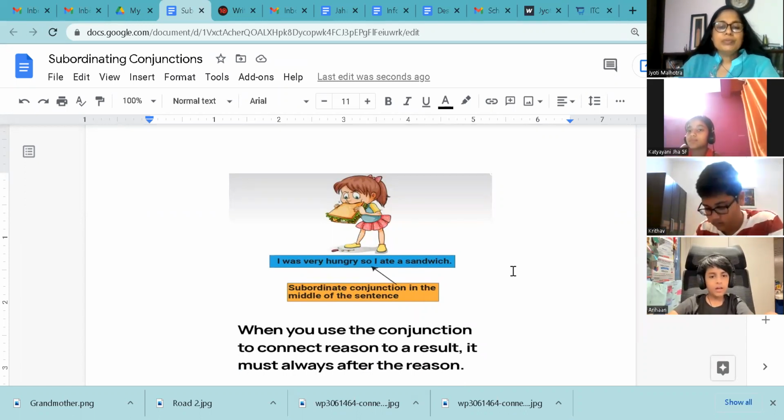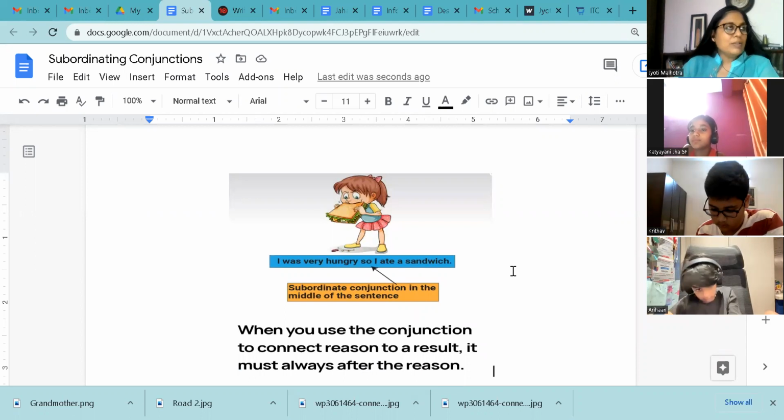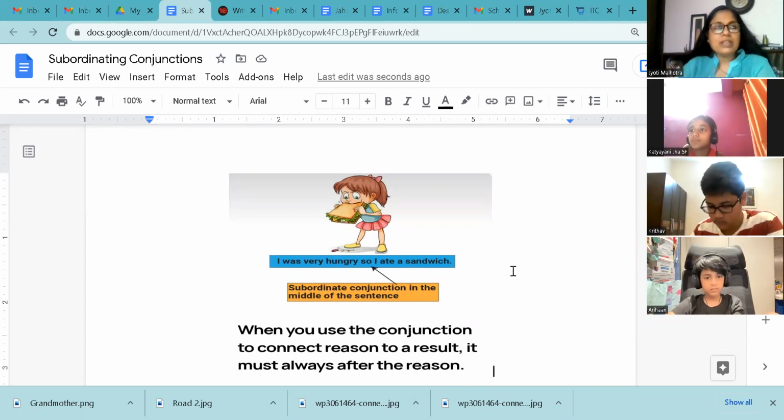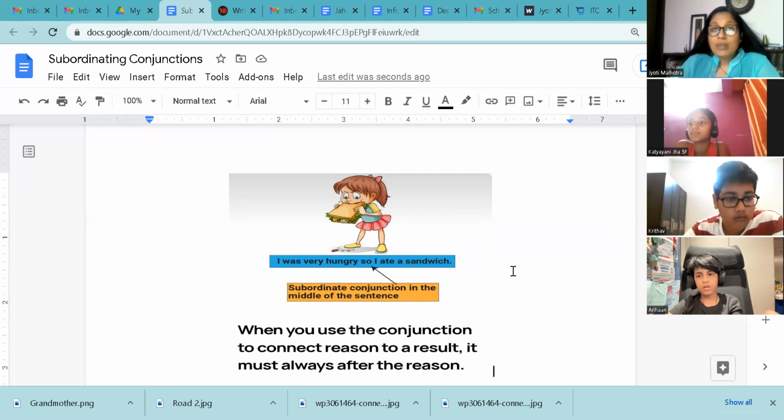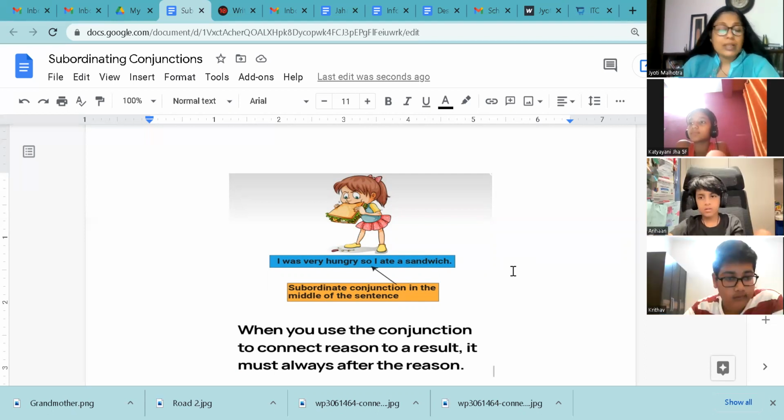I was very hungry, so I ate a sandwich. All right, now you will tell me which one do you think is the main clause or the simple sentence on which the rest of it is dependent? Why did you eat the sandwich? I was very hungry. Is it a sentence complete in itself? Yes, it is.